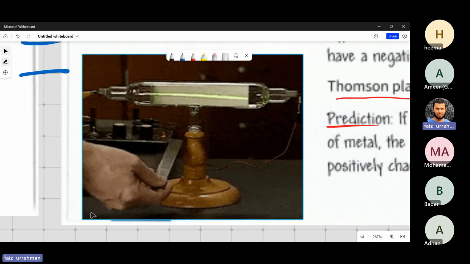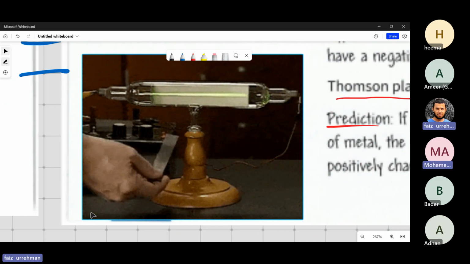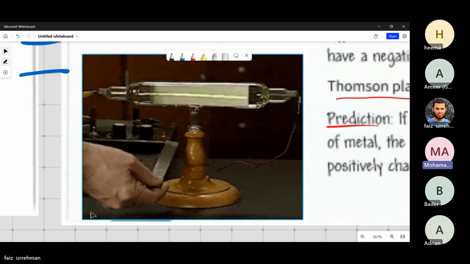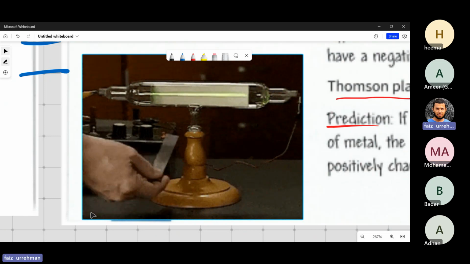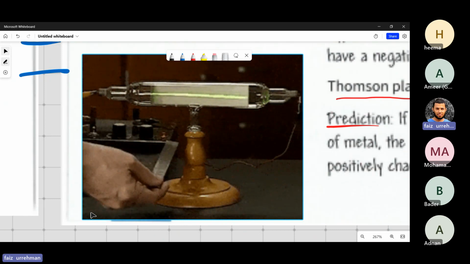Away. So what is the charge of this metal piece, positive or negative? It depends. What depends? The answer is in the observation. You can already observe it.